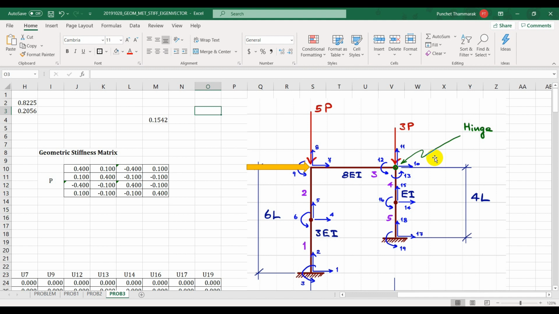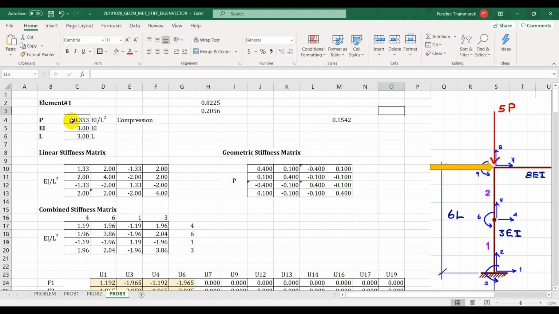So the x-axis denotes the displacement, and the y-axis denotes the value of P. We will keep the ratio of the load on the 2 columns at 5 to 3, and then we plot only P. If we get the load in this one equal to this number, we divide it by 5, and then we just plot P.